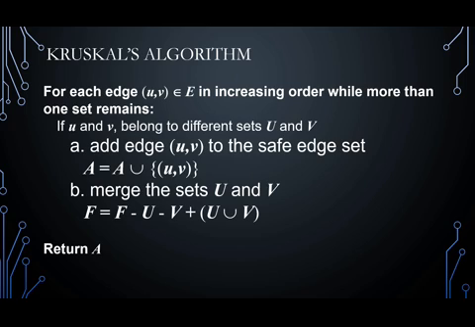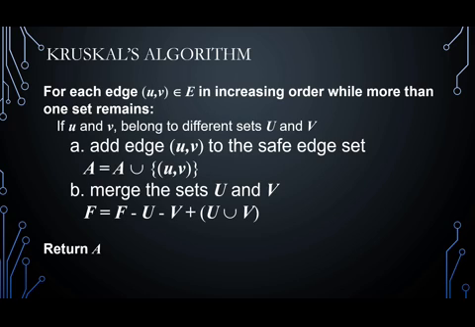Till then, what you will do, you will pick one edge from edge list E and check whether U belongs to a separate set and V belongs to a separate set. If U and V belong to different sets, then that is a feasible safe edge. We call it as a safe edge.